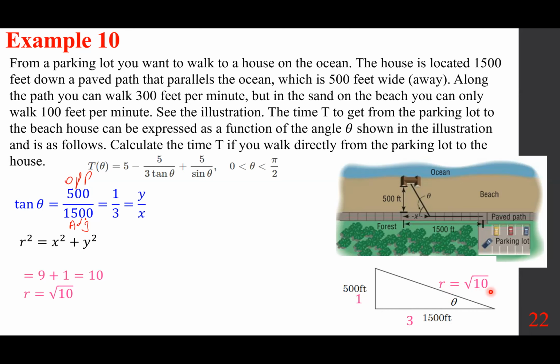So when we go to this formula, we have tangent theta, 1/3. What is sine theta? Sine theta is the opposite over the hypotenuse. So 1 over square root of 10.